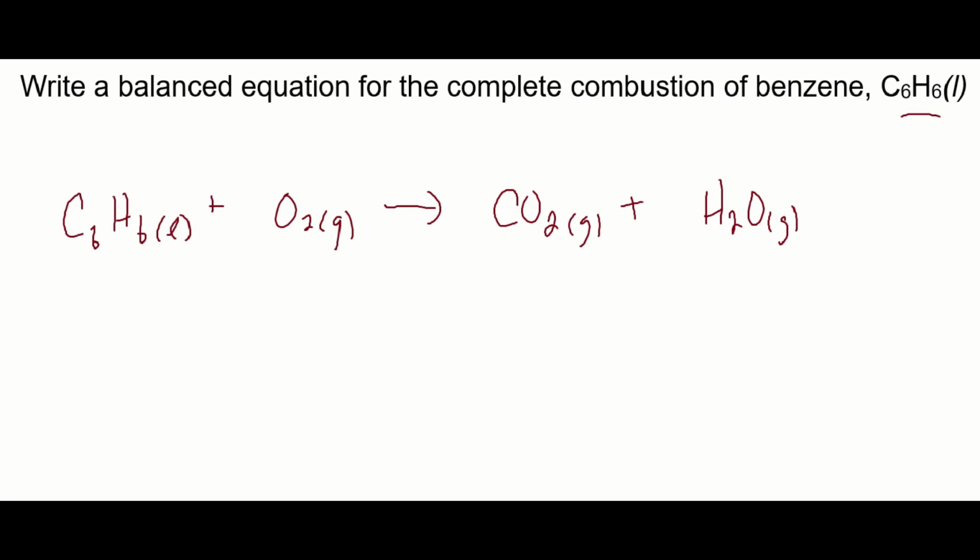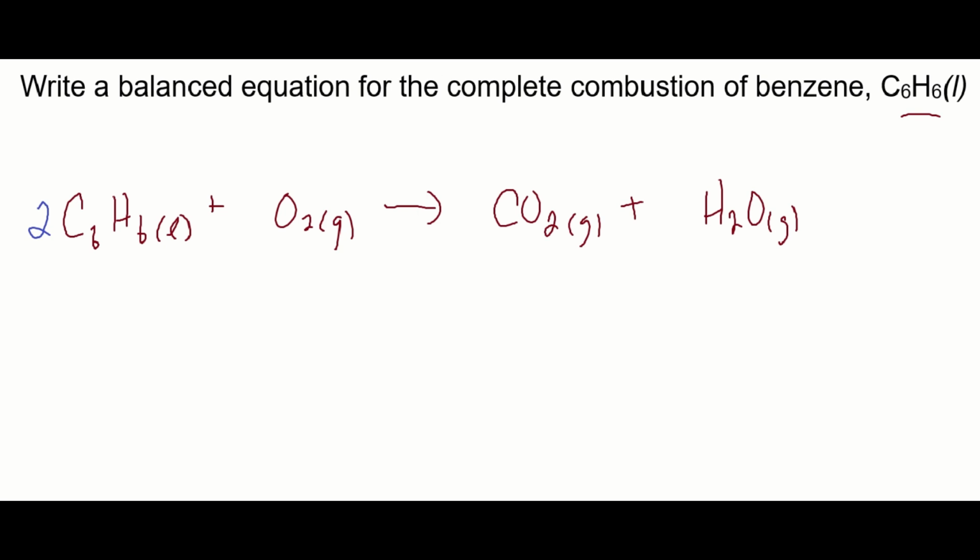But that's not going to be the case in this example. And the reason is the subscript next to the H has to be a multiple of 4. I'll explain why later. So I knew we need to double the coefficient in front of the hydrocarbon. And now we can fill in the rest.